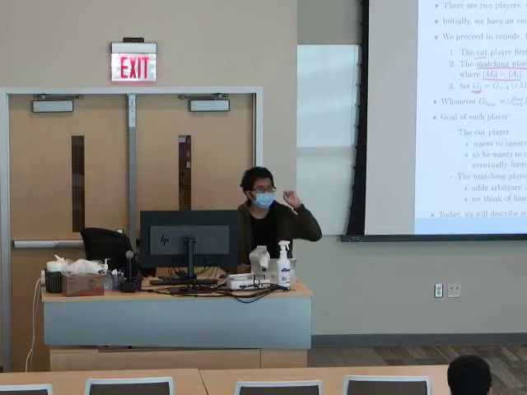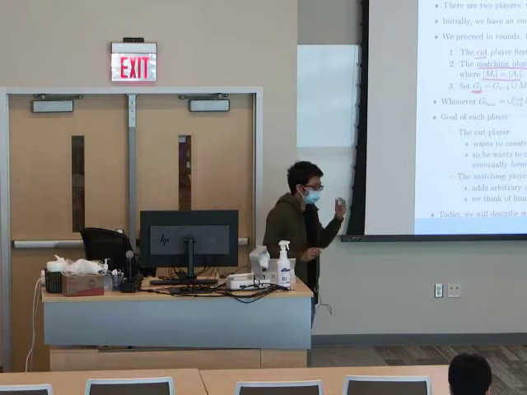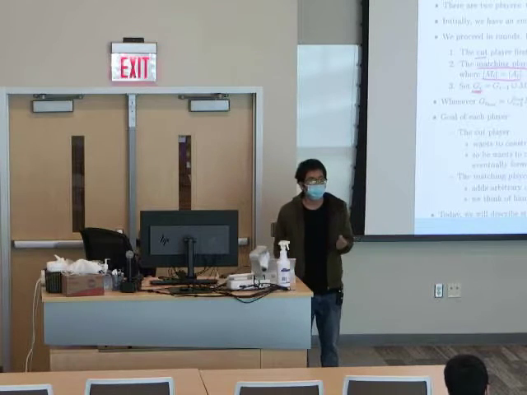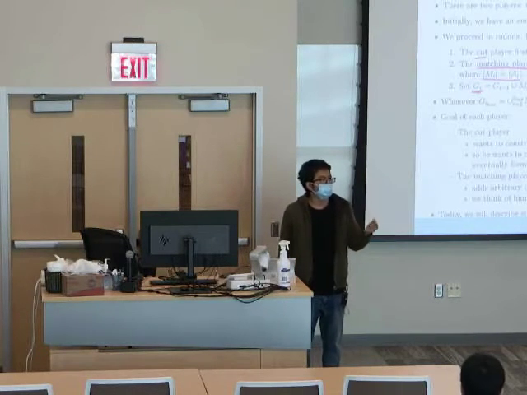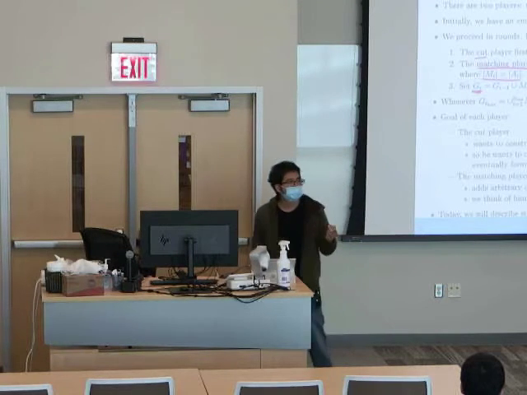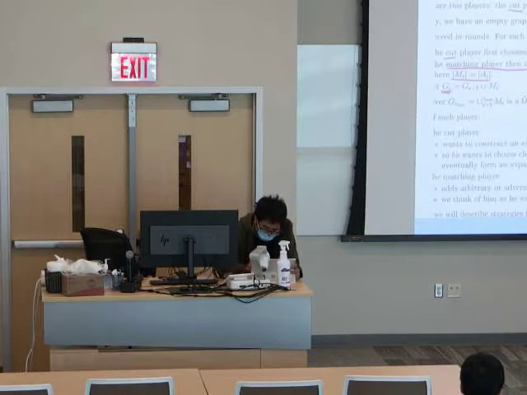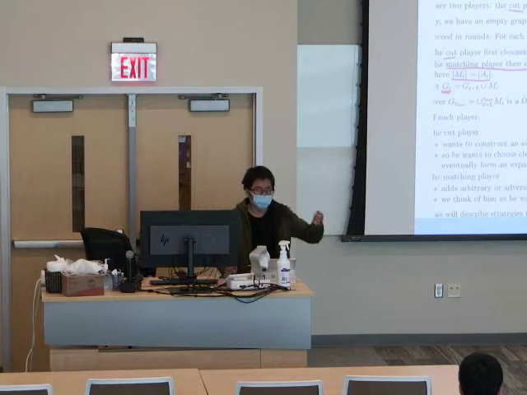And now, instead of asking the matching player to return a matching, we ask it to return a B matching. We really modify the game so that it fits our purpose.